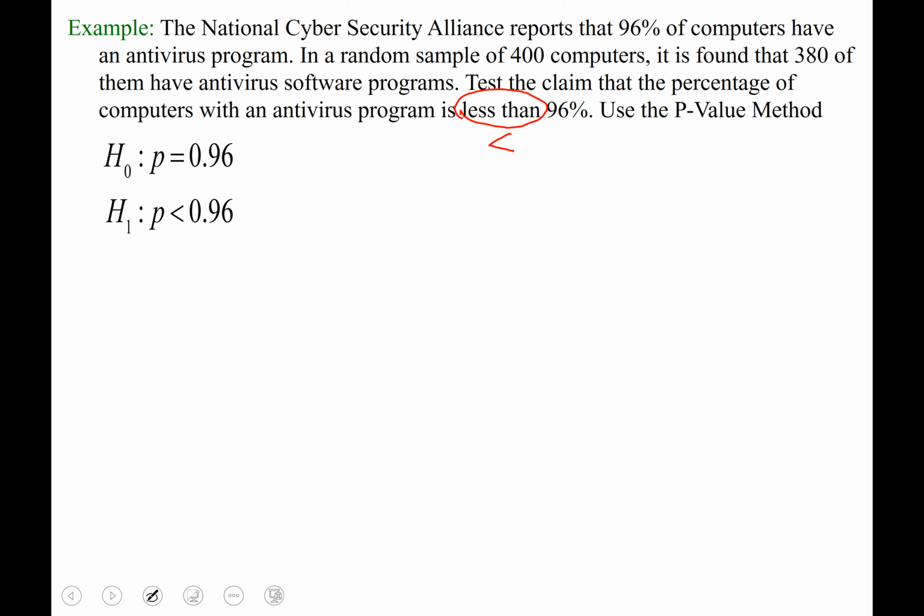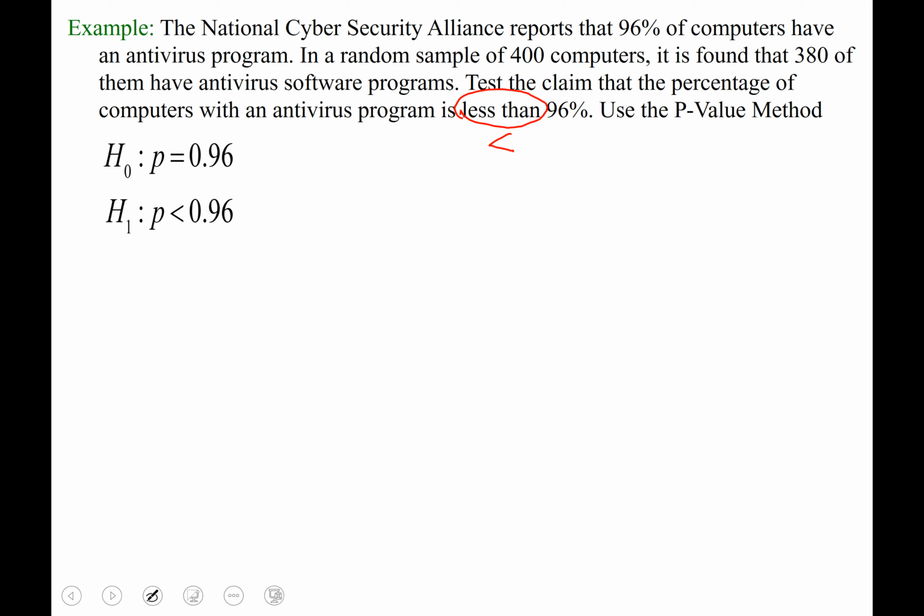Okay, for the p-value method, you need to compare the p-value to the significance level. Let's see, did they give us the significance level, alpha? They did not, which is okay.